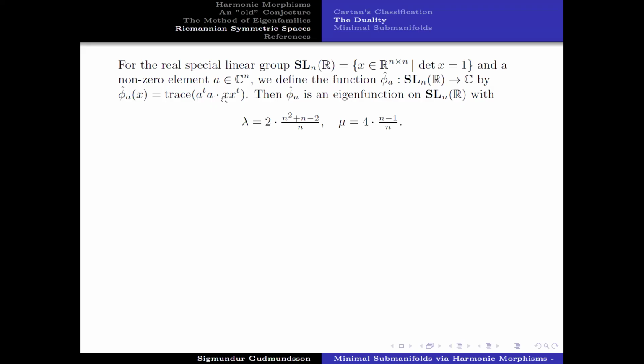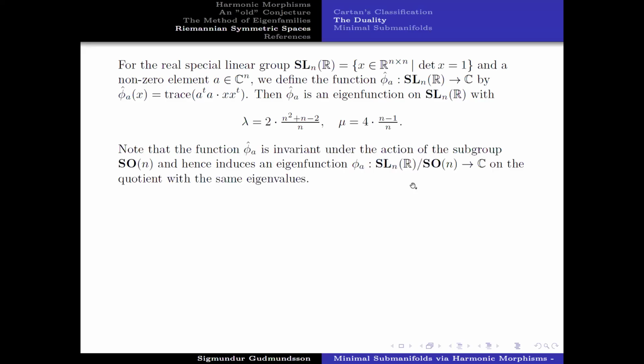So this is well defined, and then you take the trace, and this is complex valued because A is complex valued. It then turns out it's very easy. We have done all this by hand, but then to check, we have done it by computer algebra, that these are actually eigenfunctions.